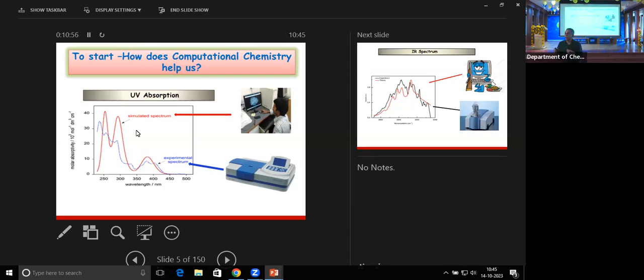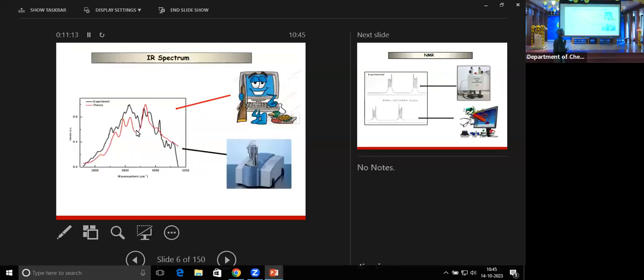Remember that part. You have a molecule in your mind, whether you have synthesized it or you are going to synthesize it or you have planned it, and you want to know what its absorption is, or you want to know its oscillator strength and all that stuff. Here is a beautiful example of that. IR spectrum, right? Some of these places you don't get the IR spectrophotometer that easily.